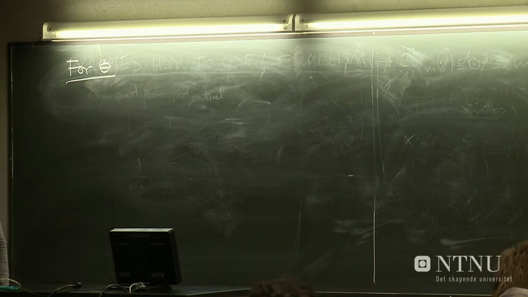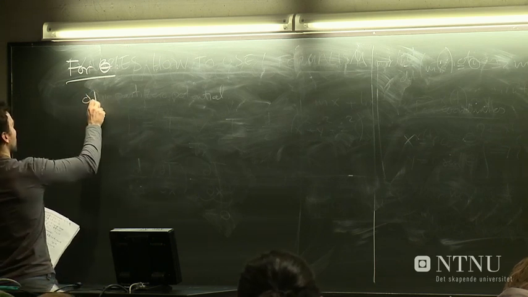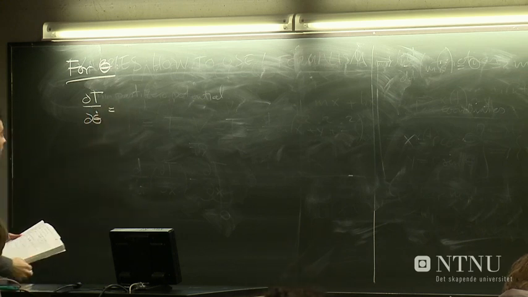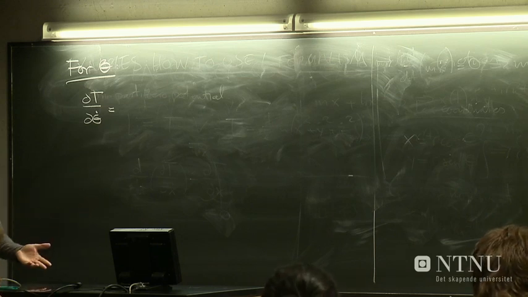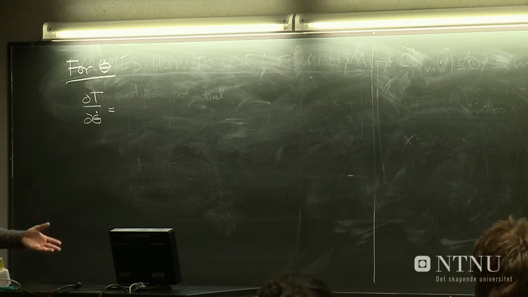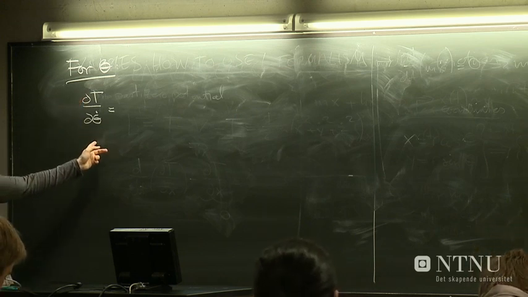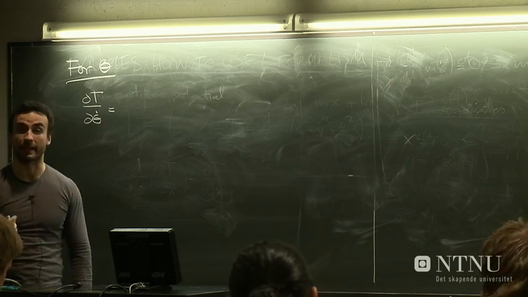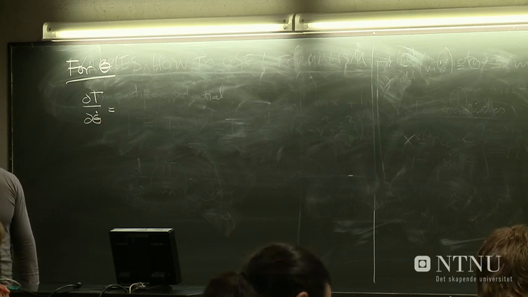Now we'll consider Lagrange's equation for the second generalized coordinate, theta. So again, we'll consider just term by term to make it very transparent how we get the Lagrange equation. So first we'll consider if the kinetic energy has any dependence on theta dot. And I've erased it now, but if you consider your notes, you will see that it has, due to the second term, due to the angular velocity.